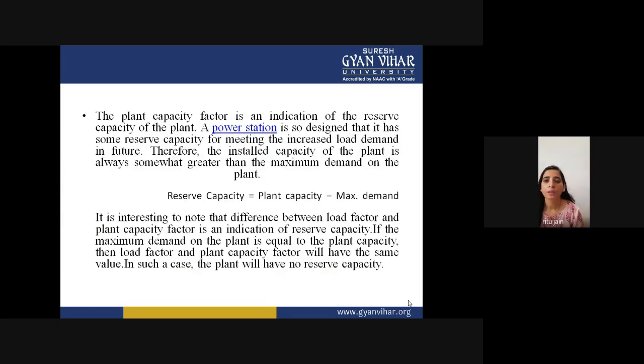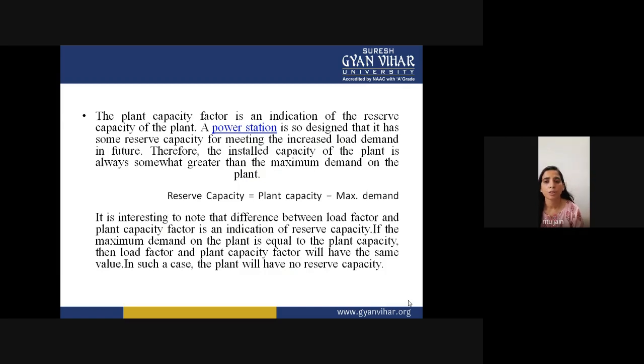The plant capacity factor is an indication of the reserve capacity of the plant. A power station is so designed that it has some reserve capacity for meeting the increased load demand in future. We have seen that day by day your energy demand is increasing, so it is not possible to set up a plant again from zero. So we have to take some reserve capacity for our future planning.